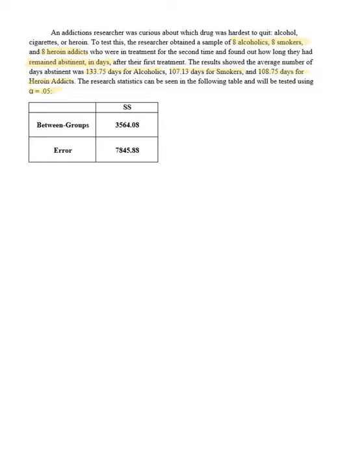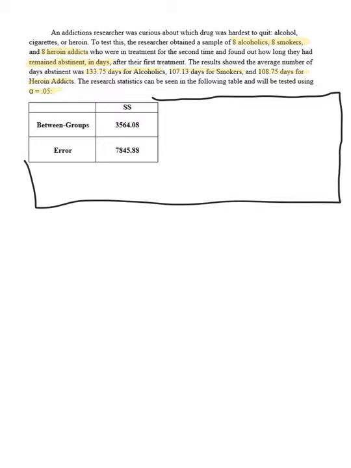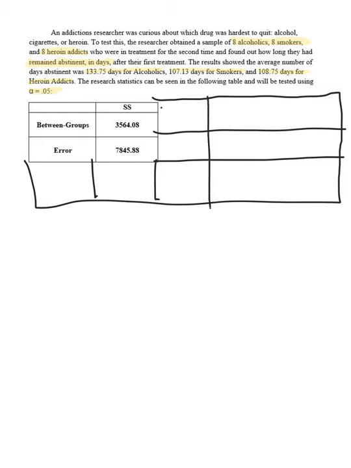Now, the key here is, if you notice, this is basically the beginning of an ANOVA table. So if we were to carry over our table, it would end up looking like this. You'll see you were given a portion of the table. This part is your DF, degrees of freedom.